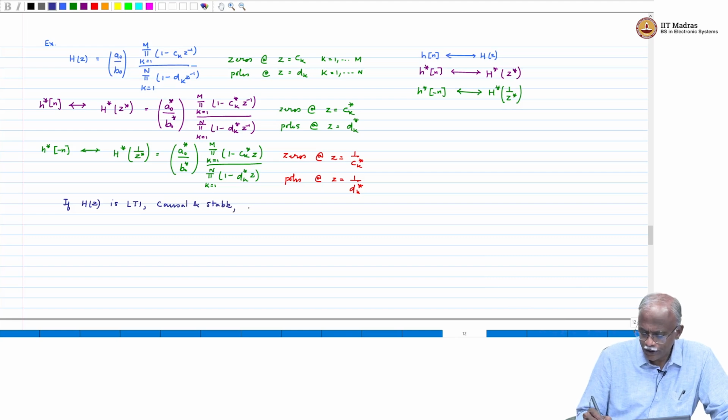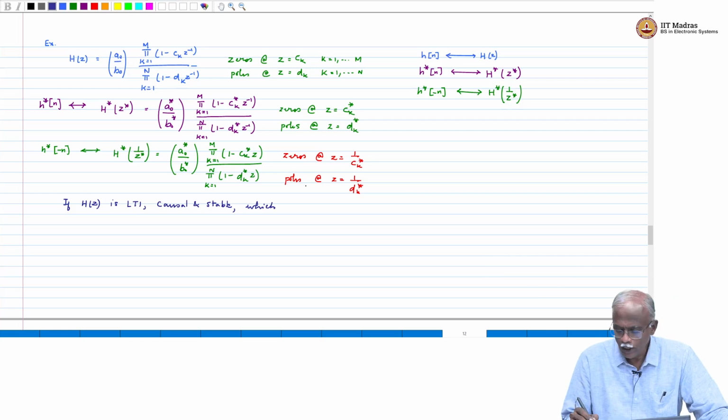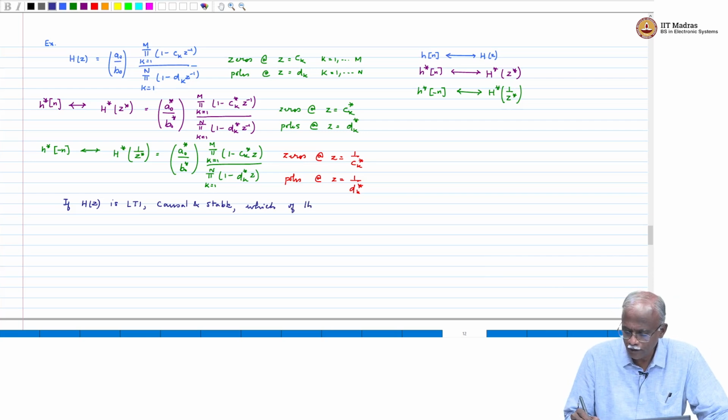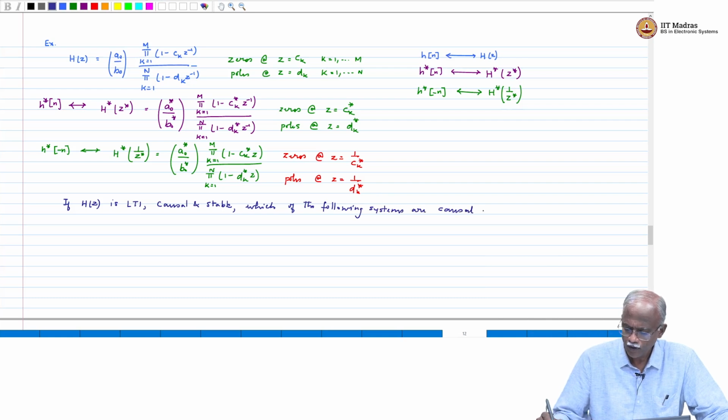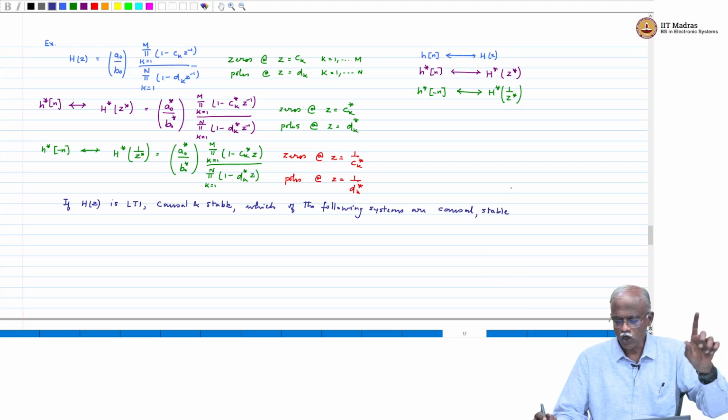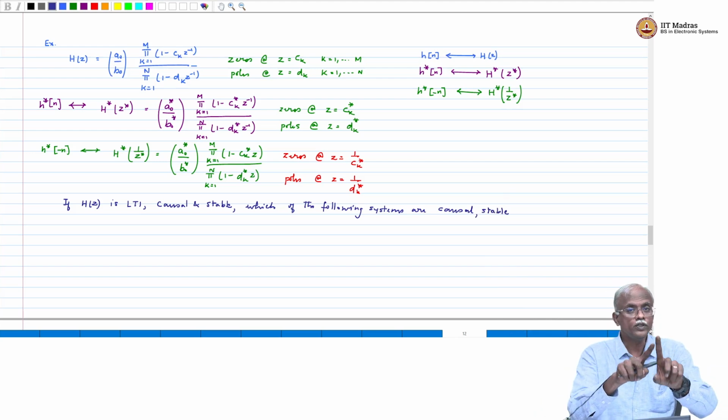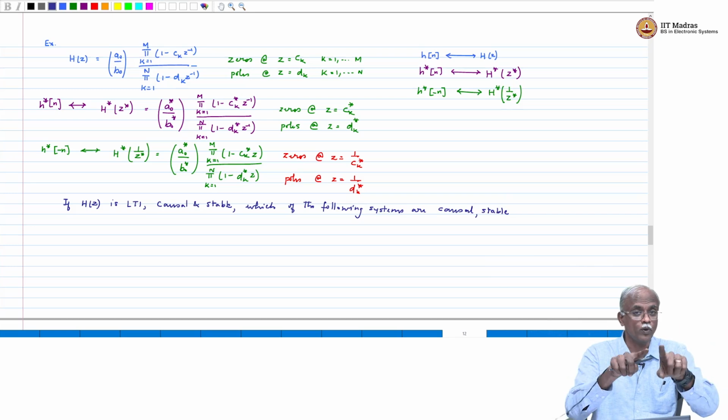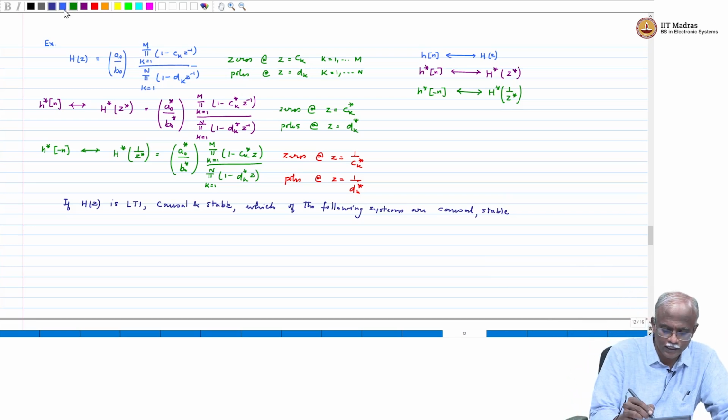Then which of the following, I'm going to give you 3 cases, which of the following systems are causal and stable? Important thing to note: causal and stable means zeros can be anywhere, poles have to be inside the unit circle. So that's the key.